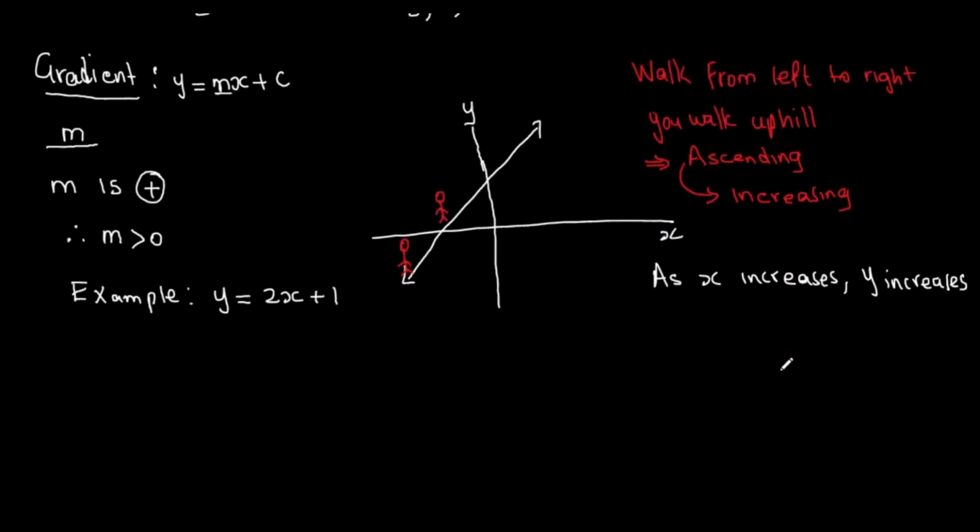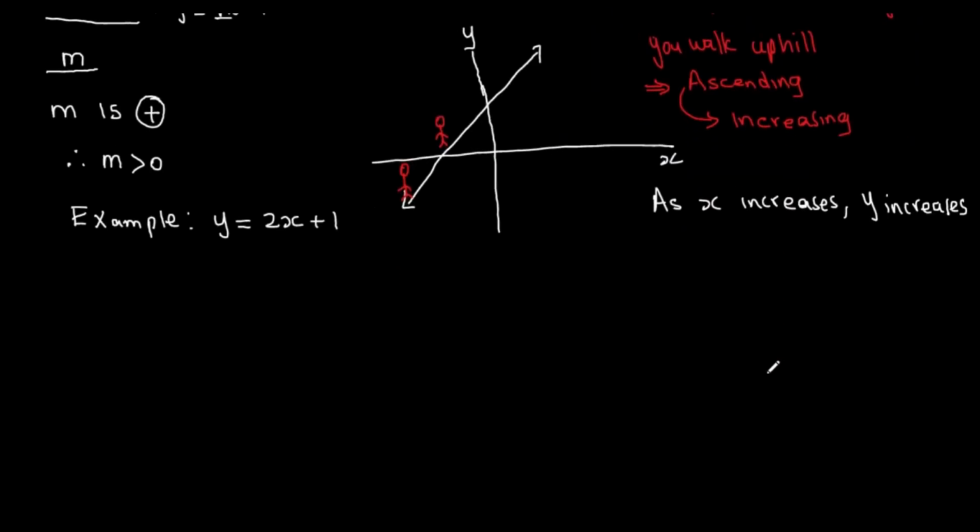Right. So let's talk about if the gradient is negative. If the gradient is negative, we can conclude that your gradient is less than 0. I'm just going to give you an example of how the equation will look.